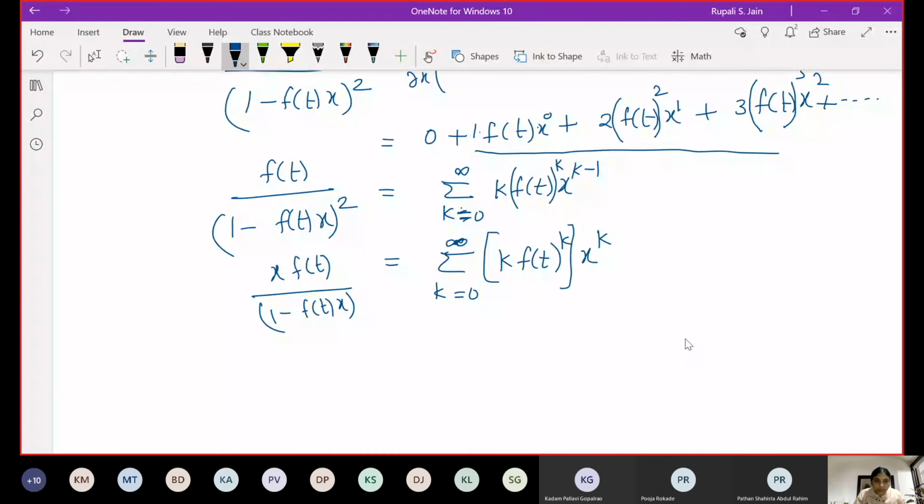So this LHS will be the generating function for the sequence ykt.